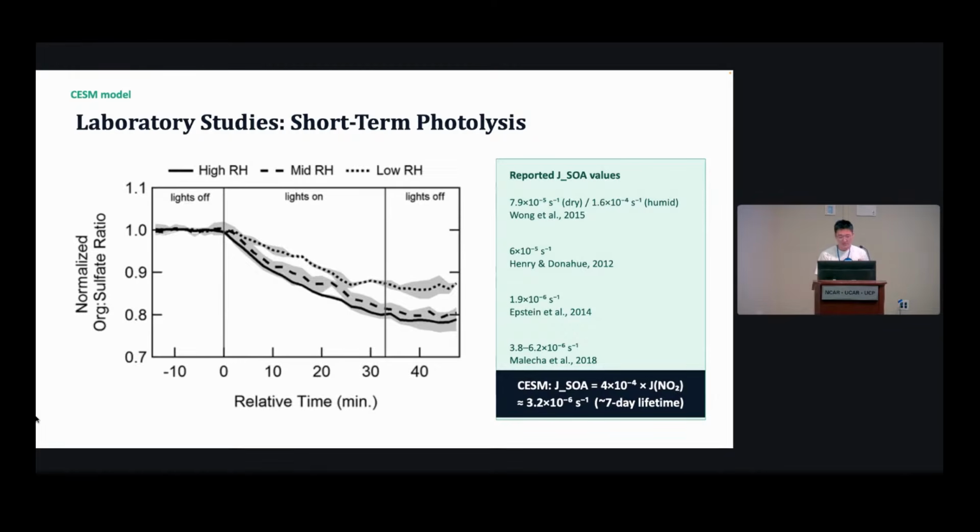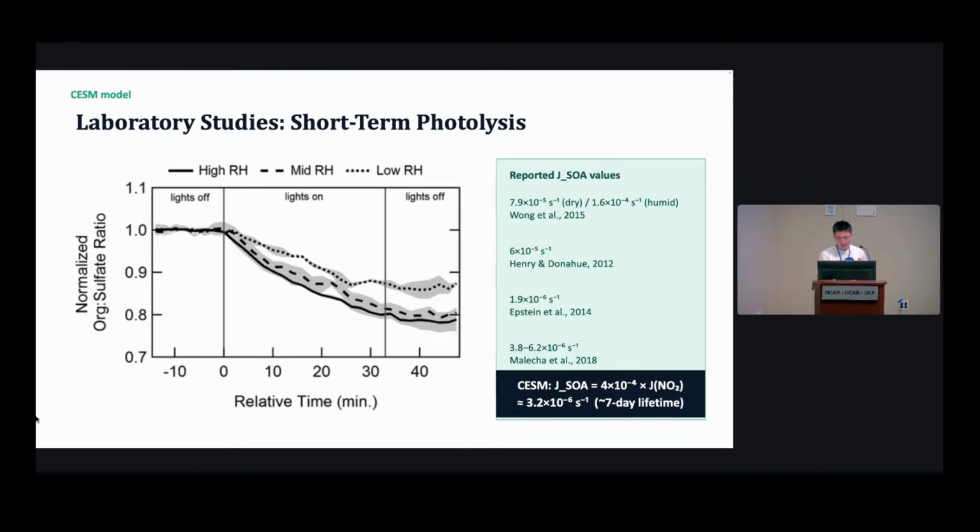These lab studies measure fresh SOA photolysis for a short time, about 30 minutes or 2 hours. And in the CESM, we extrapolate this short-term photolysis into the whole organic aerosol lifetime.